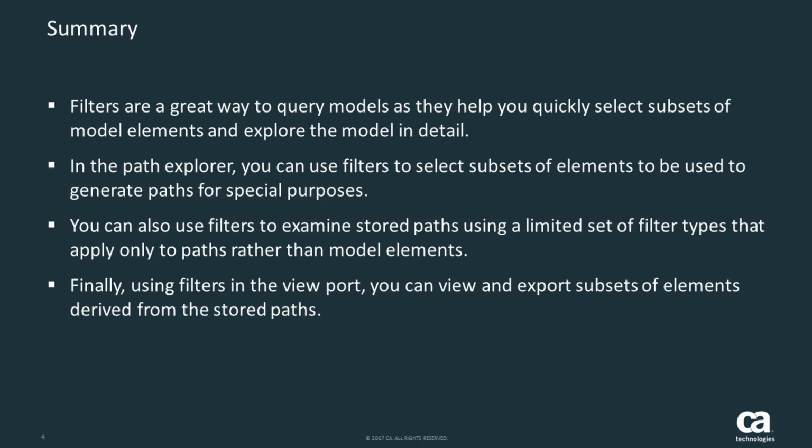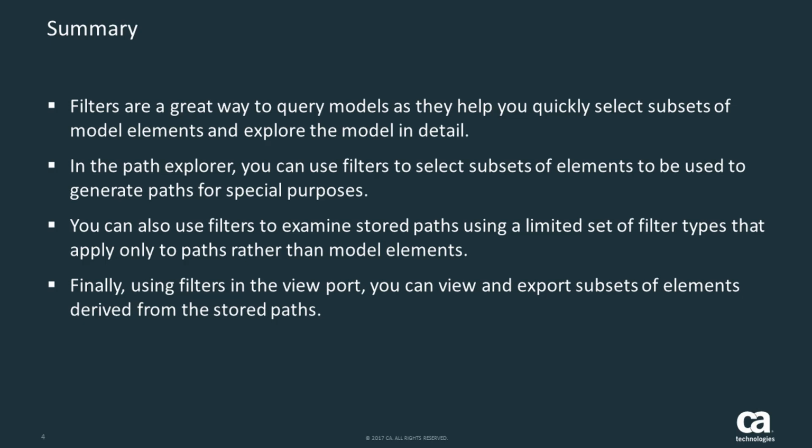So we've seen that filters are a great way to query models, as they help you to quickly select subsets of the model elements or attributes of the model to show different perspectives of the model content in detail. They allow you to explore the model and perhaps demonstrate to stakeholders what's going on in a bit more detail.